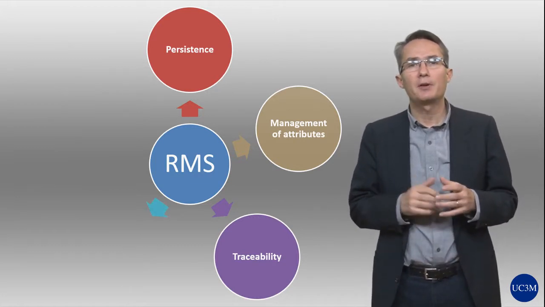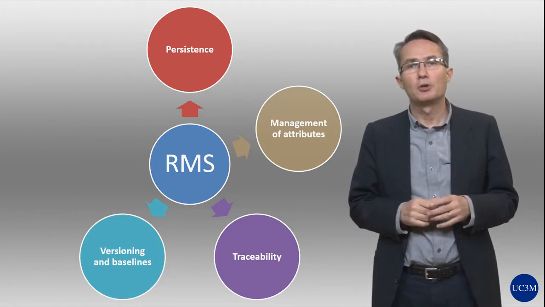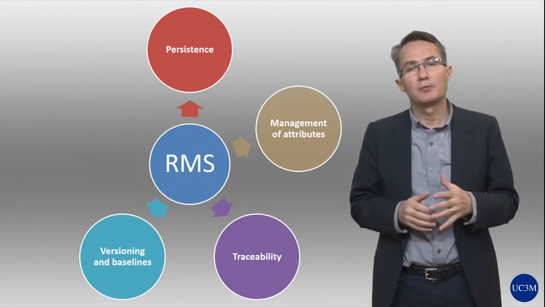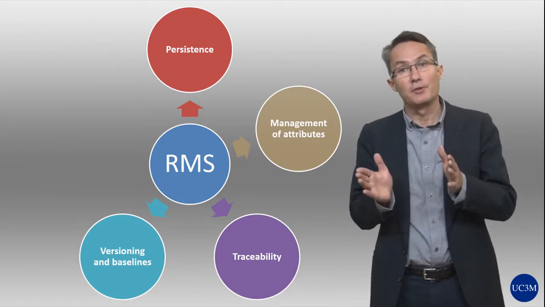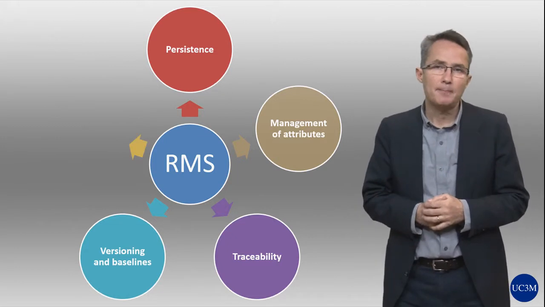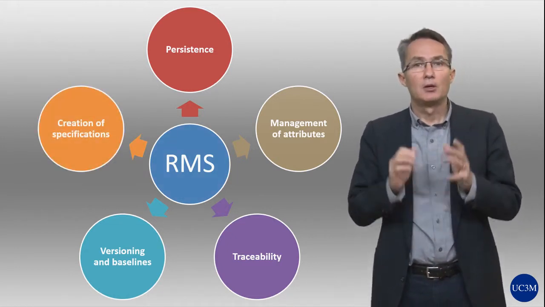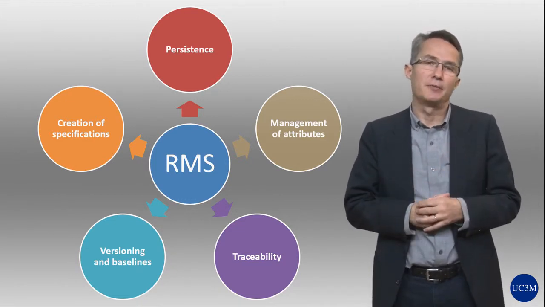Allowing to support different versions of the requirements. Providing support to manage the changes in the requirements, for example, to develop several versions of the requirements at the same time, to merge them, etc. And to produce a requirement specification, software or systems requirement specification.